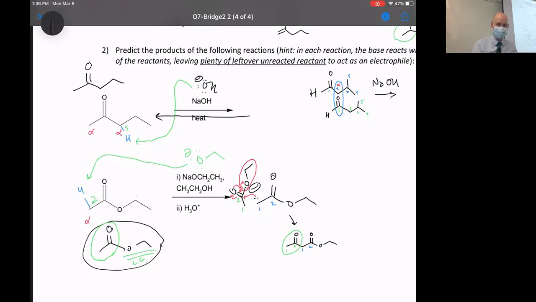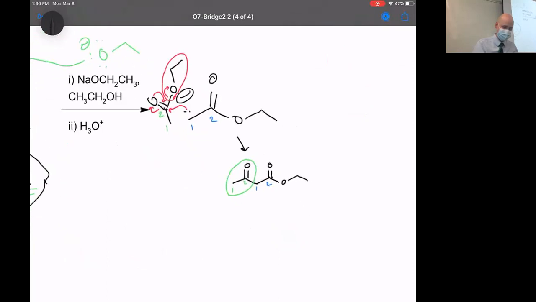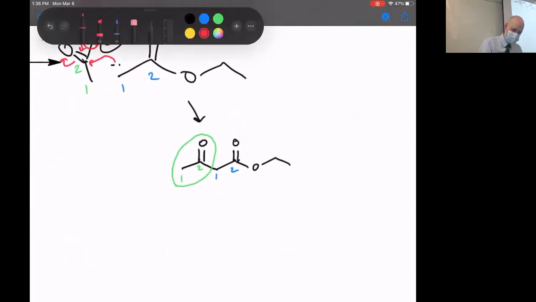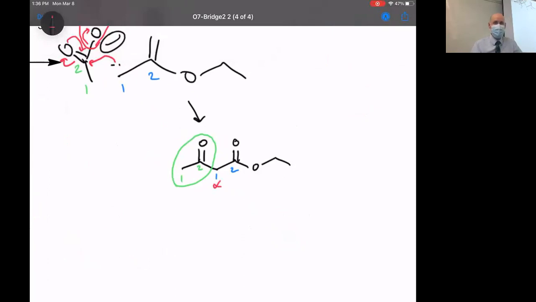It's an O minus. And so once you get this product, there's this 1 carbon in between that is still an alpha carbon, but now in the product of this Claisen condensation, it's alpha to both of them. So to pull a hydrogen off of there is even easier because the C- is even more stable because it has resonance to even more oxygens, making even more possible O-.